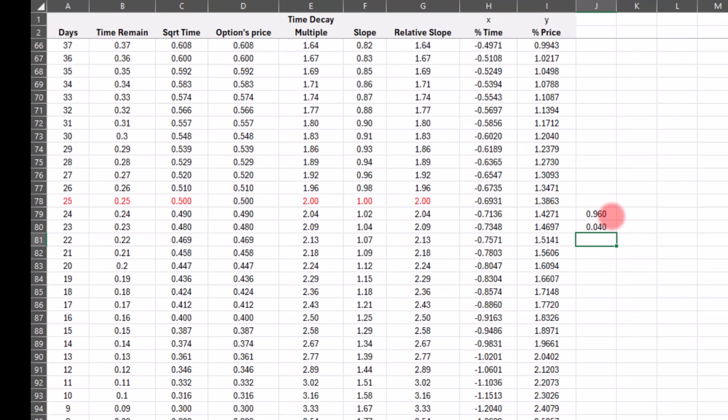See, that's the difference. In a regular time decay graph, we see it as 1 day, but it's 4% of the time. What happened to the options price? Well, the options price goes from 50 cents to 49 cents right there. So we divide those out. I say 1 minus that. We've lost 2%. So check this out. You can already see it. If I say equals that number divided by that one, it's basically a half.